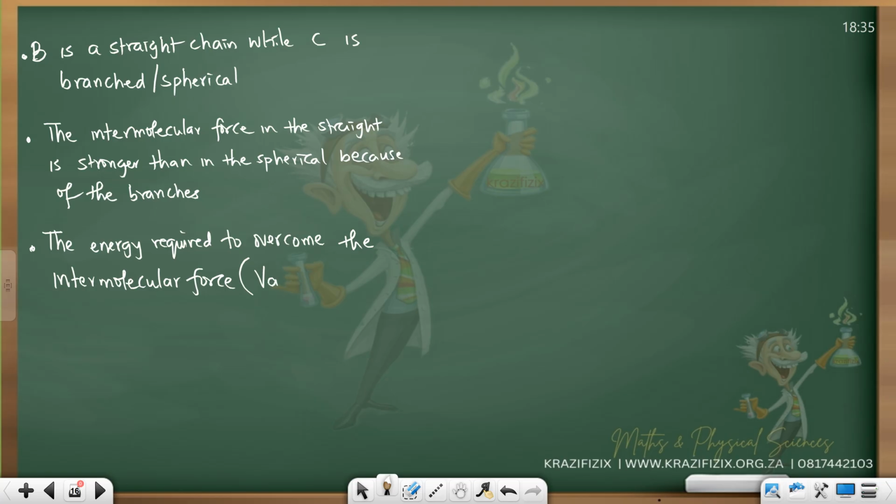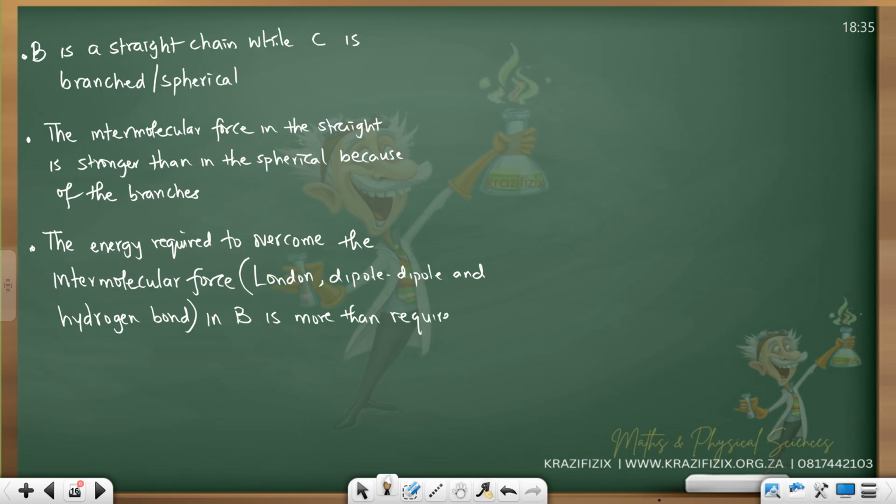What's the first one? London. Dipole. And hydrogen bond. The three of them are there, you remember? The energy required to overcome the IMF in B is more than required in C.